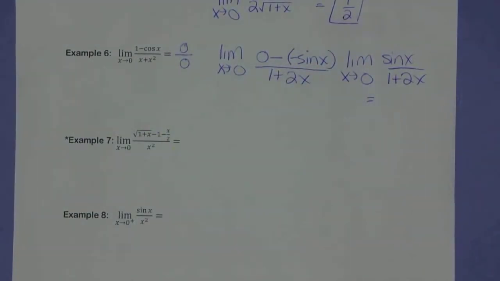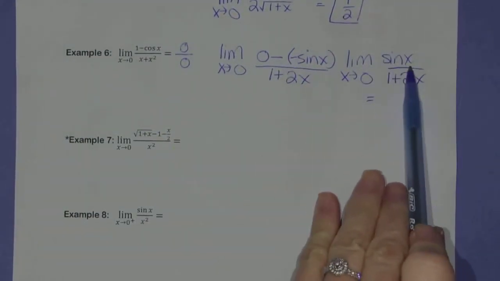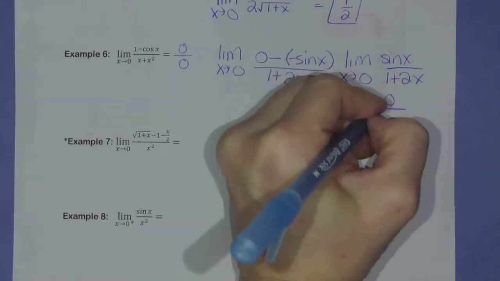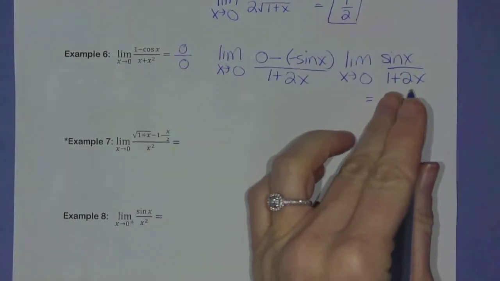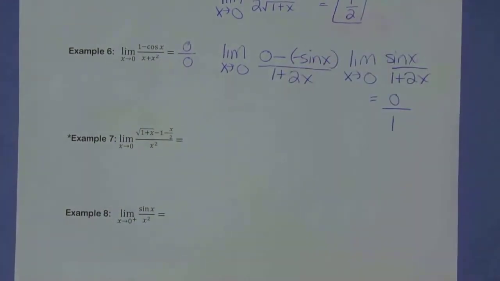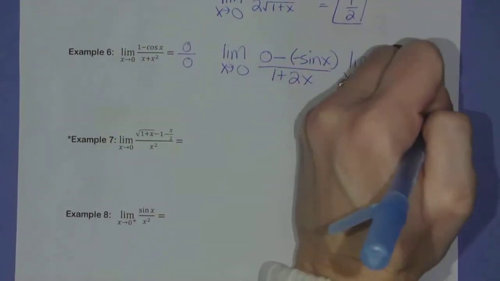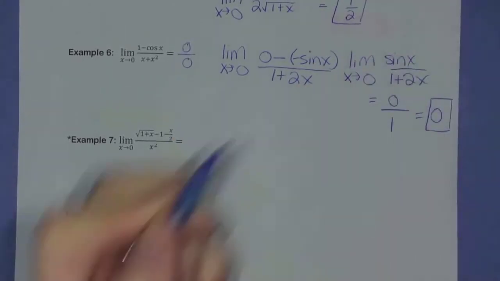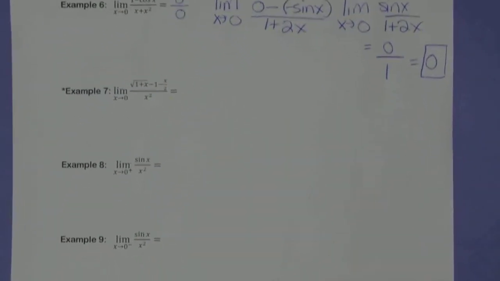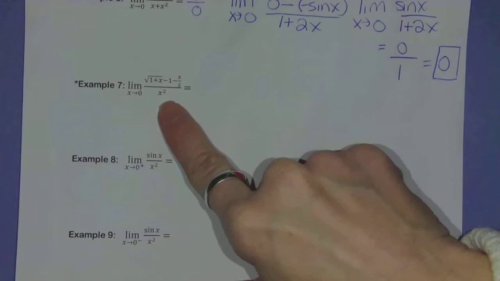And when I plug 0 back in, the sine of 0 is 0. 1 plus 2 times 0 is 1. And 0 over 1 is no longer indeterminate, it's just 0. Final answer. Okay, let's look at the next one, example 7.